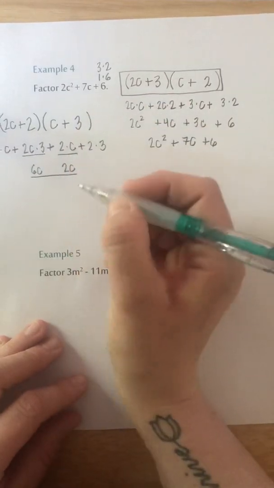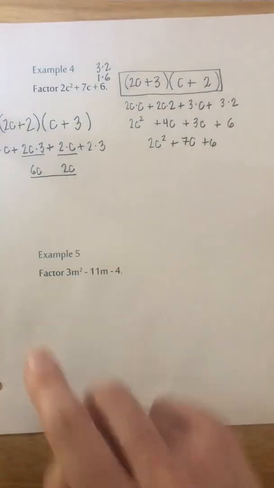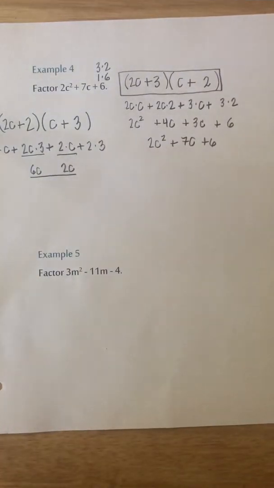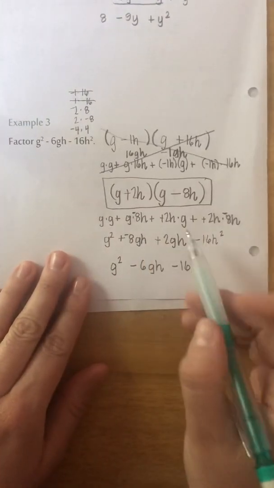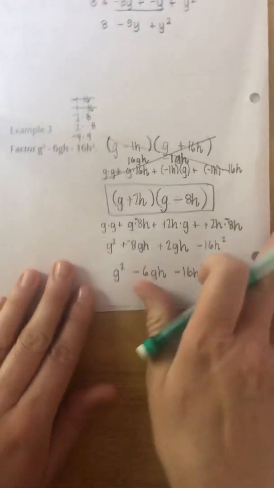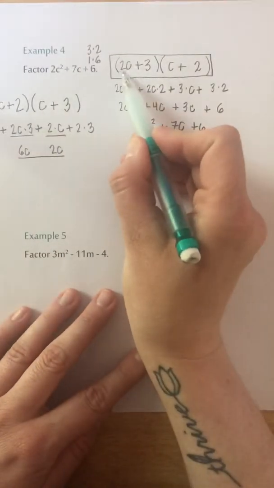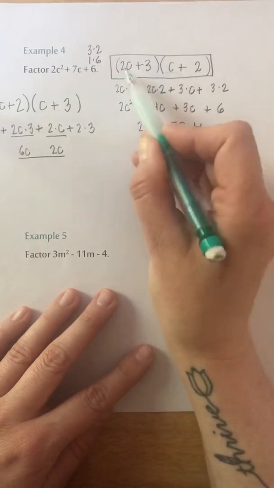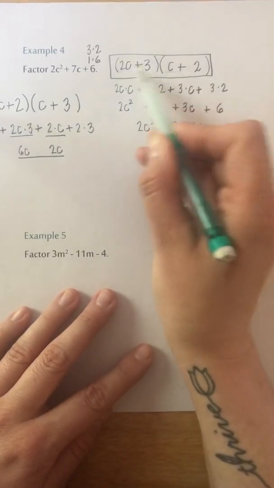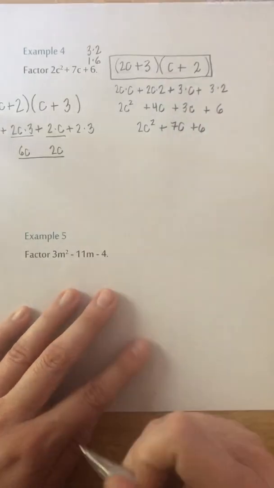No. So it's important to note that when you're trying numbers, well, let me back up for just a minute. In this last problem, it wouldn't have been an issue, and I will tell you why. Because in the front, we had 1g for both of them. But look at example 4. Notice how there's a 2c and a 1c. If these aren't the same, then the way you put in the second numbers does in fact make a difference.